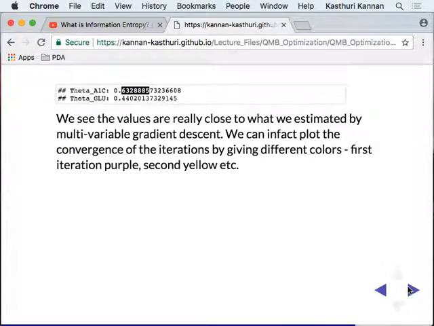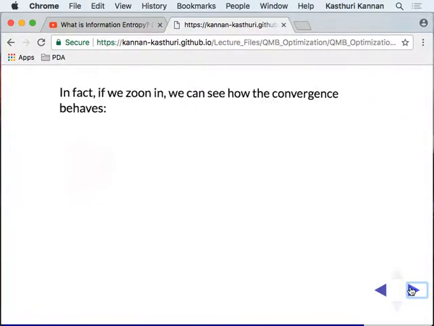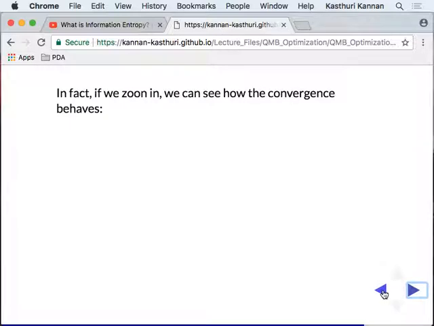In fact, we can plot it with different colors: purple for the first iteration, yellow for the second, and blue for the third, and we see that it is really converging in 3 iterations by randomly choosing the number of people, right?